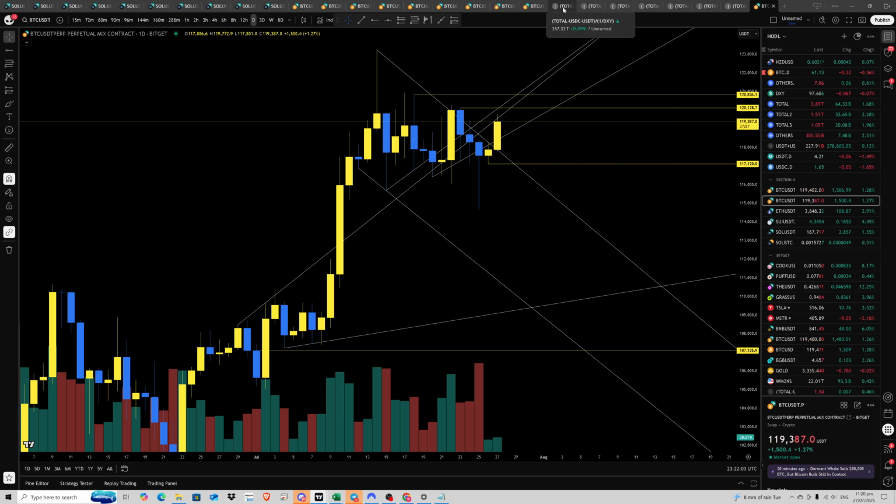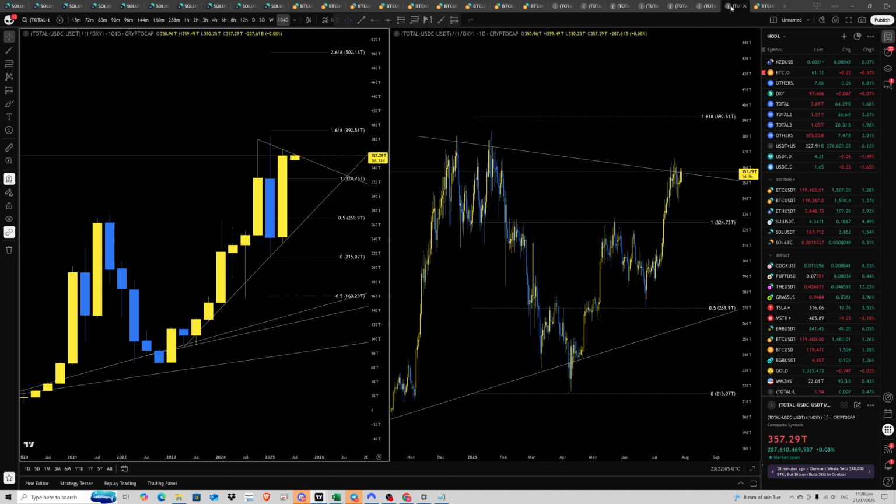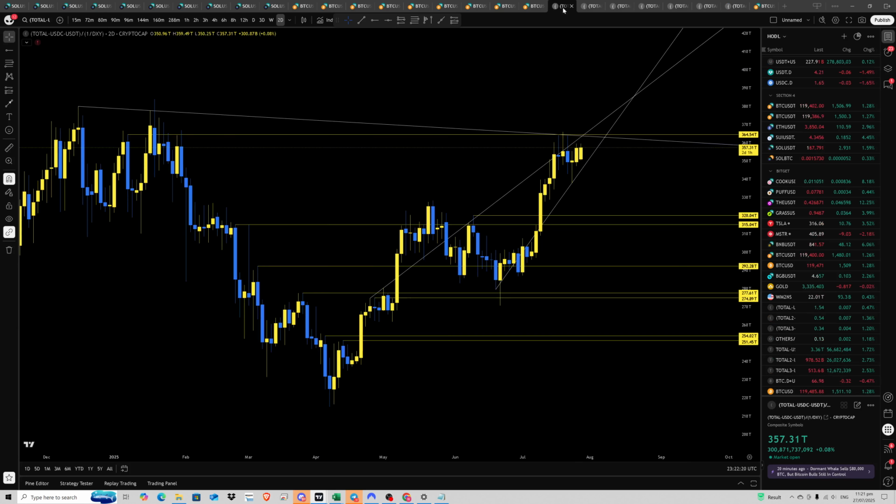Now let's look at these totals. So totals kind of just looking to open up on the other side of the trend. Actually, there's something really weird that's just gone on with totals today. As you can see, this candle opened, and it's a 2-day candle.